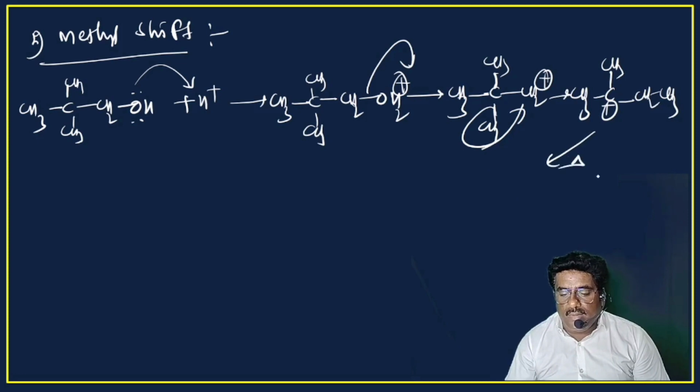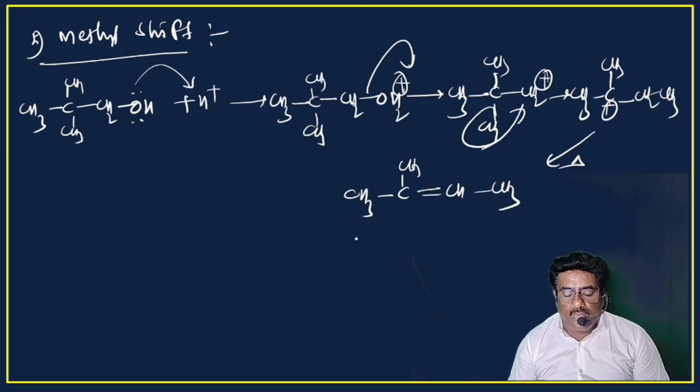Heated again, two possibilities are there. From here, the first product is CH3, CH3 double bond CH, CH3. In this alkene system, how many alpha hydrogens are there? 3 plus 3 plus 3, so 9 alpha hydrogens.